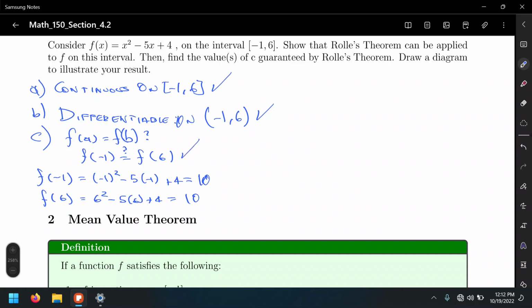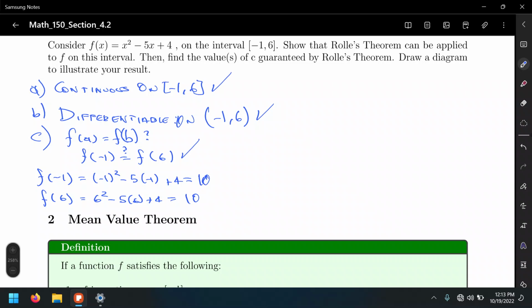So in this case, this function satisfies the conditions for Rolle's theorem on the given interval. Rolle's theorem guarantees that we are going to have at least one critical number between -1 and 6, because f of a and f of b represent the same height.